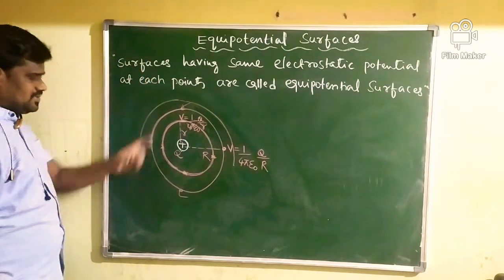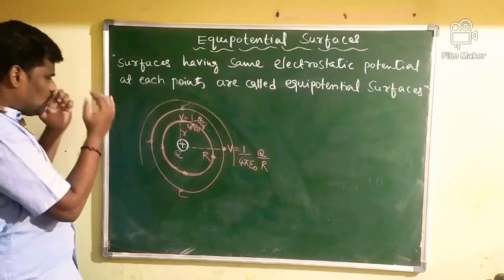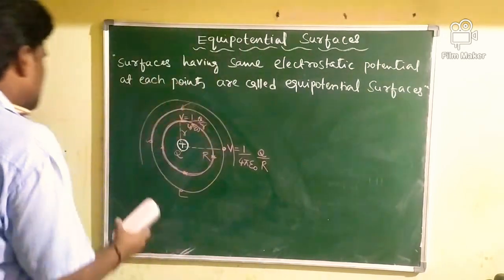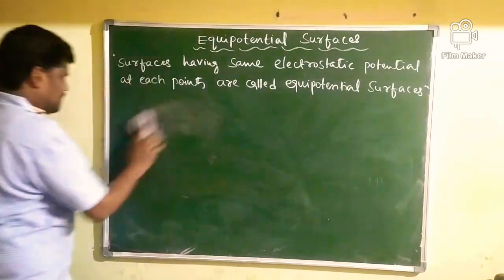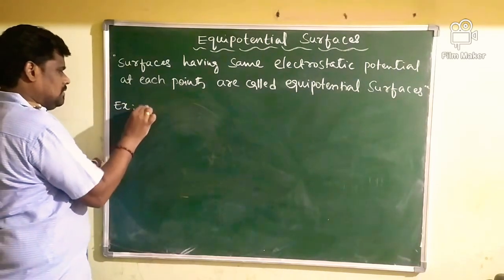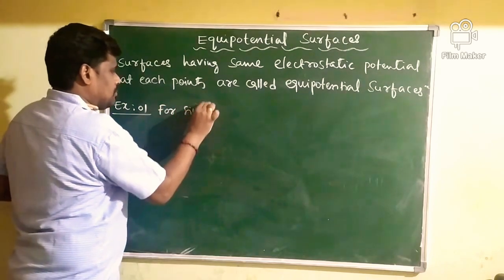Such surfaces are called equipotential surfaces. So this is one example of an equipotential surface. Let me write the example here. Example 1: for a single point charge.